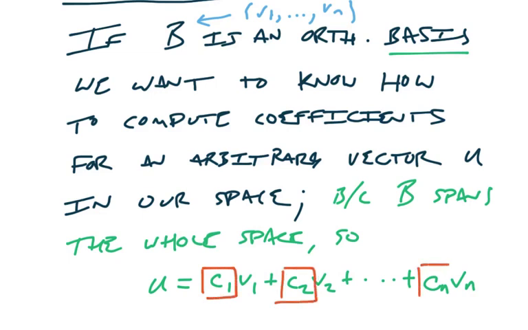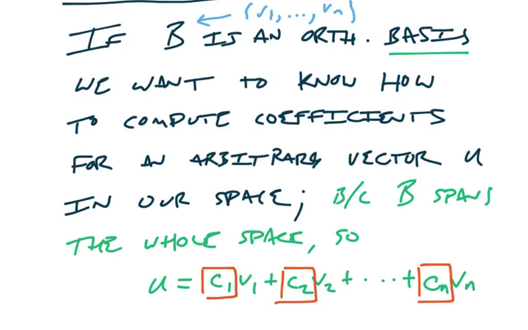And really what that boils down to is figuring out these coefficients. All right, these coefficients tell you, in a sense, how much of U points in the direction of V1, for instance, how much of u points in the direction of v2, and so on and so forth.